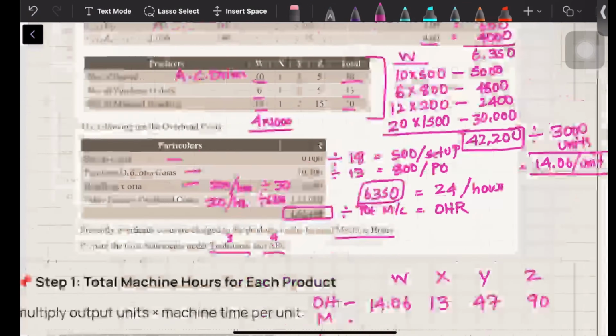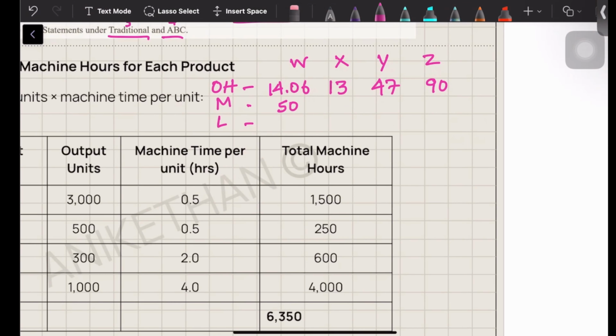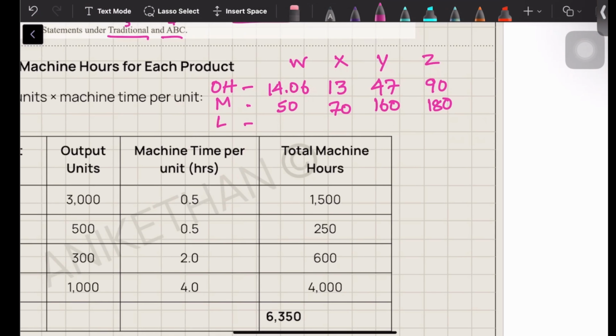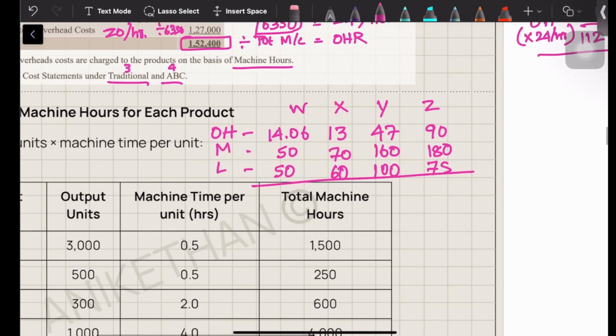Material: 50, 70, 160, 180. Then labor also directly given: 50, 60, 100, 75. When you do the totaling, W you will get 114 point something. Then X you will get 143. Y you will get 307. And Z you will get 345.44.5. So that is the answer.